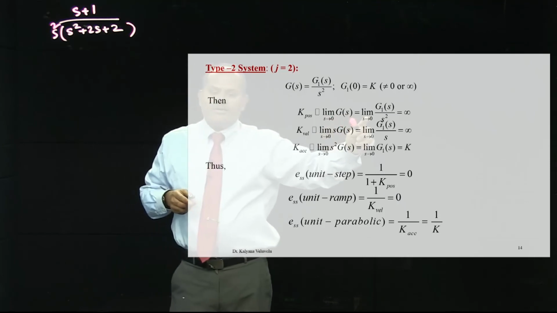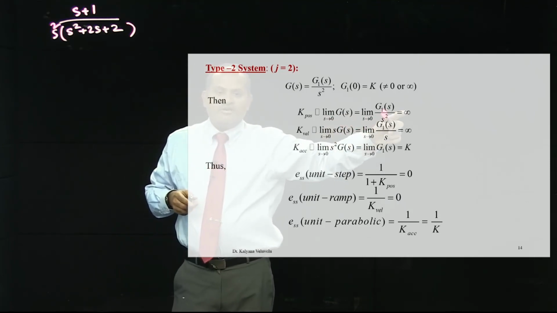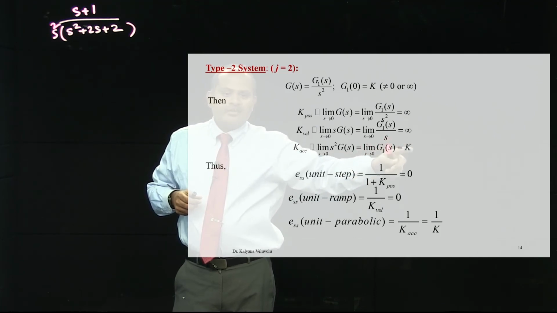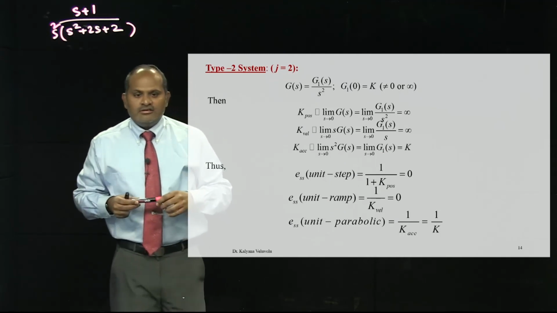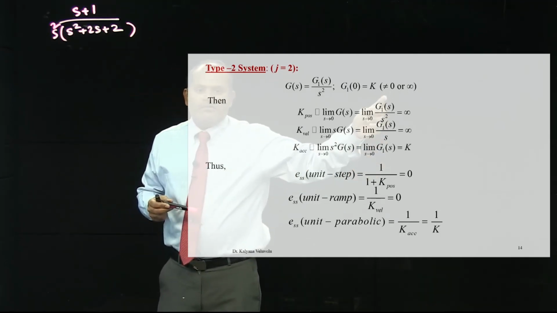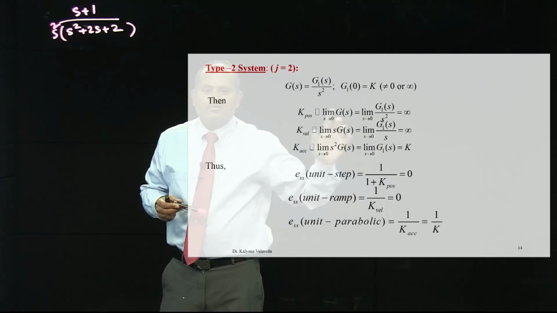Because of the s square term, you get infinity for K position, infinity for K velocity, and for K acceleration, limit s tends to 0 gives K. So, only for K acceleration do you get a constant term.